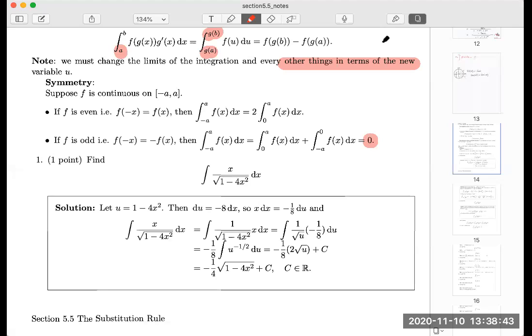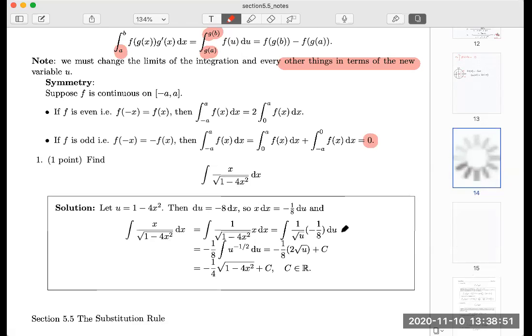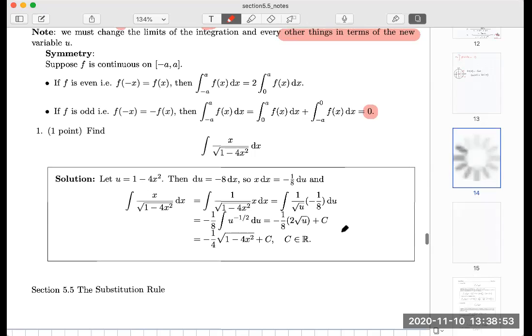And we see it's very complicated. So we observe that here is a square root of something, and in the numerator, there's an x dx. The trick here is to do substitution.